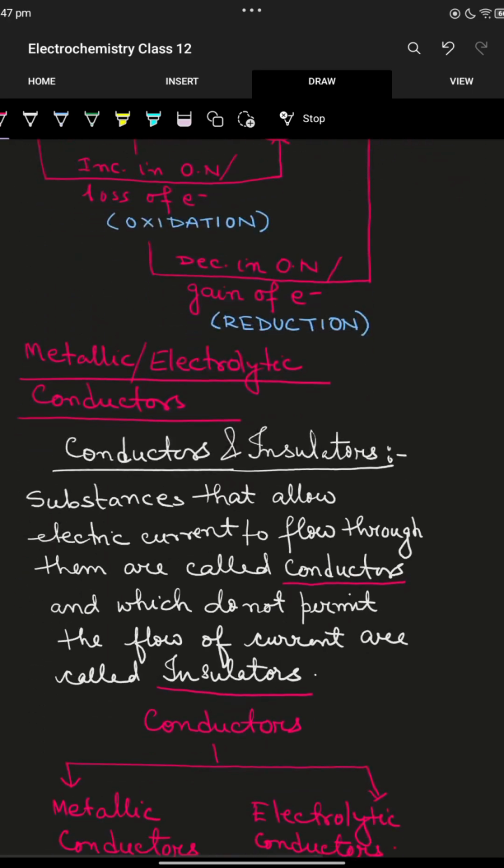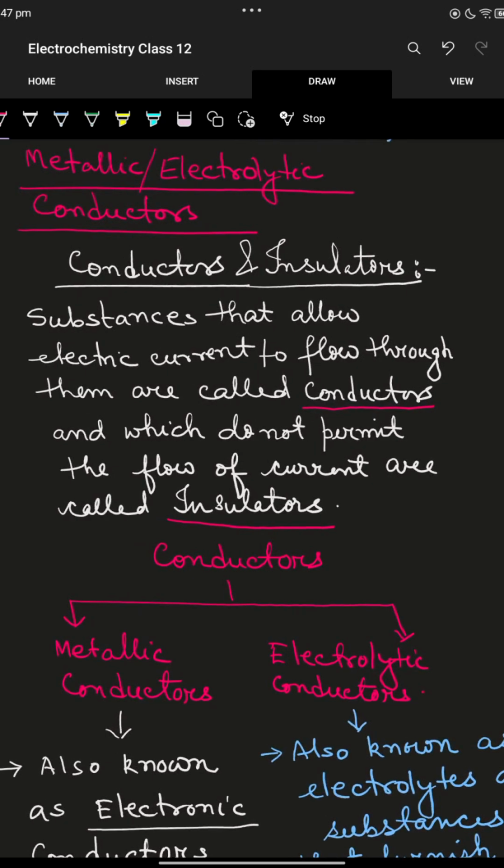Now, metallic and electrolytic conductors, there is a difference between metallic conductor and electrolytic conductor. For that, first we need to know what are conductors, and if they are not conductors, what are they? Substances that allow electric current to flow through them, they are conductors.